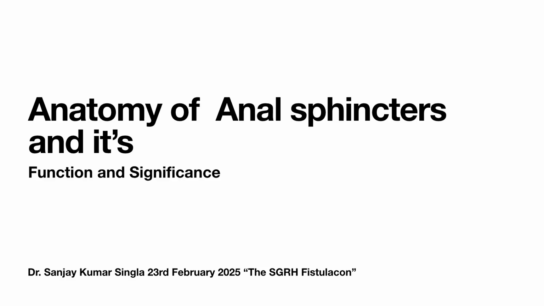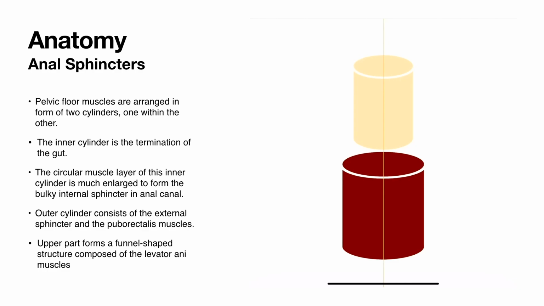I go with my first slide, which is about the topic: anatomy of anal sphincters and its significance. If we understand that the pelvic floor muscles are arranged in the form of two cylinders, one within the other.